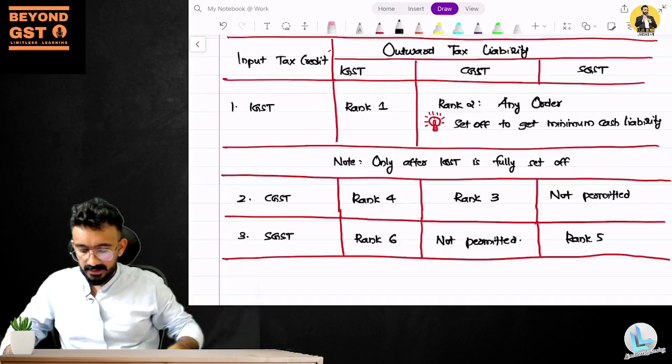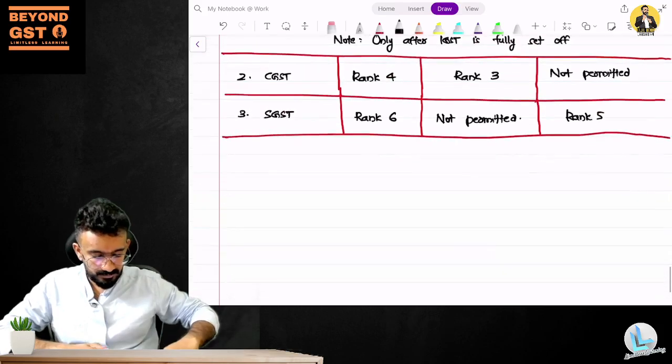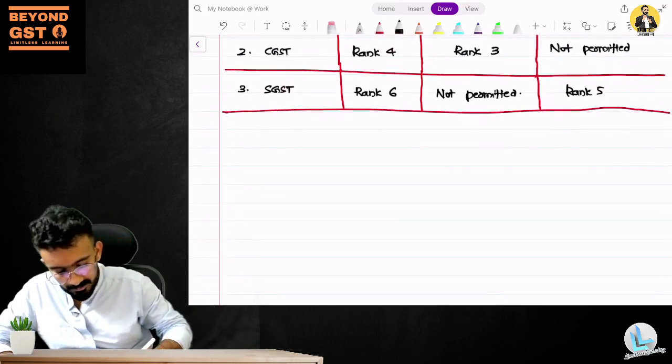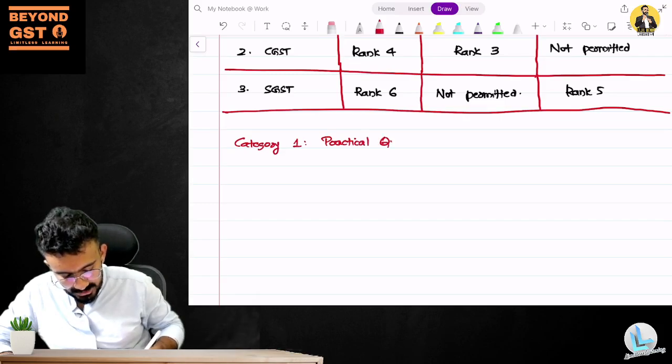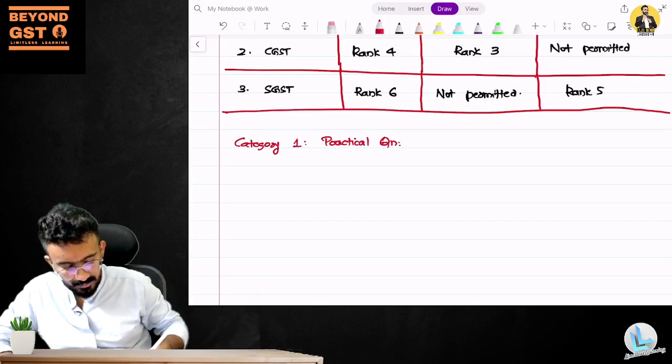Shall we look at a net GST computation question? So this is a practical question or numerical question. Type 1 is net GST computation.